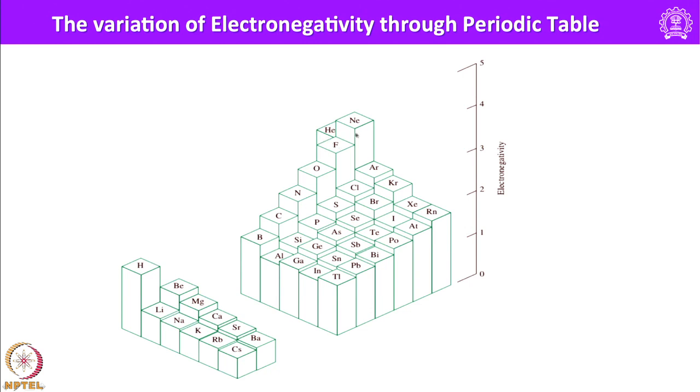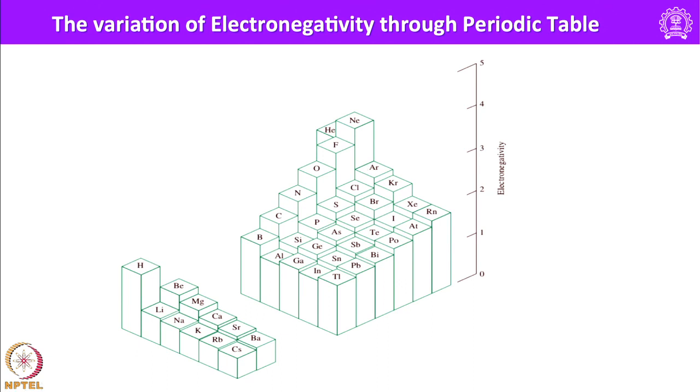We can ignore those because we can never use them to make any compounds, and if you leave those two, the most electronegative element is fluorine, then oxygen, then chlorine and nitrogen. Argon has a little higher value compared to chlorine, but argon is very inert, so we can ignore it.